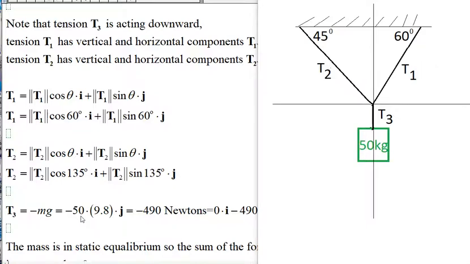So it'd be negative 50 kilograms times the 9.8 meter per second squared. And since it's downward, the direction will be times j, which is the standard unit vector, 0, 1. And therefore we get negative 490 newtons.